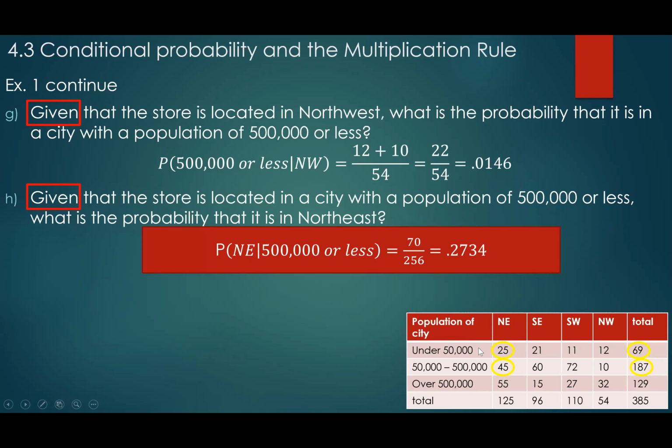But 25 plus 45, that's why you have 70. 187 plus 69, that's where you have the 256. And you take 70 divided by 256, you have 0.2734. So I feel you guys have 0.2734, right?